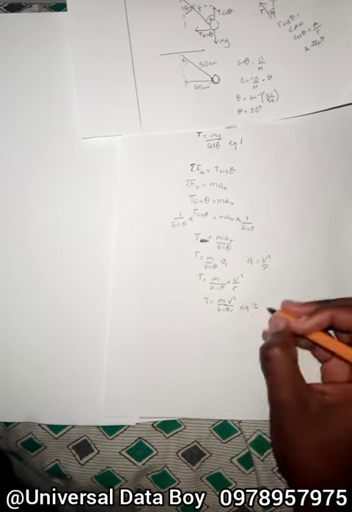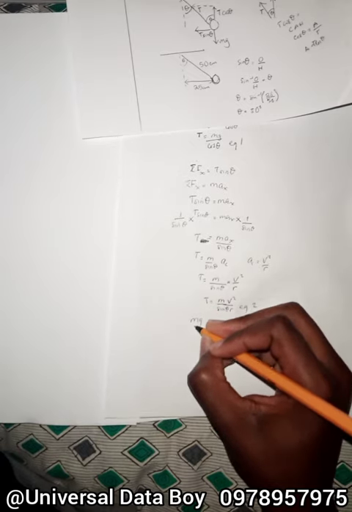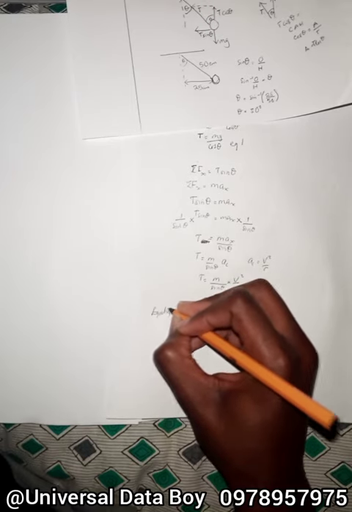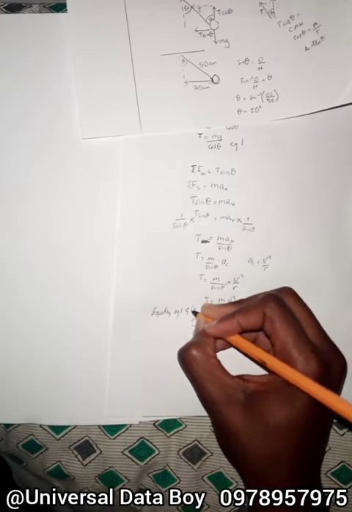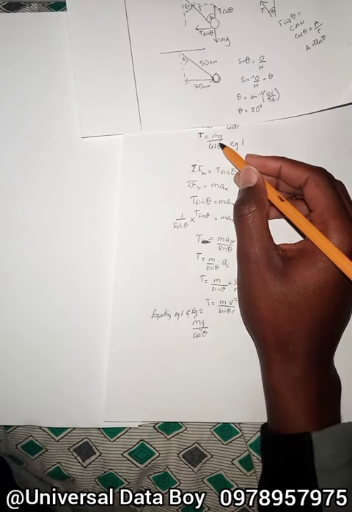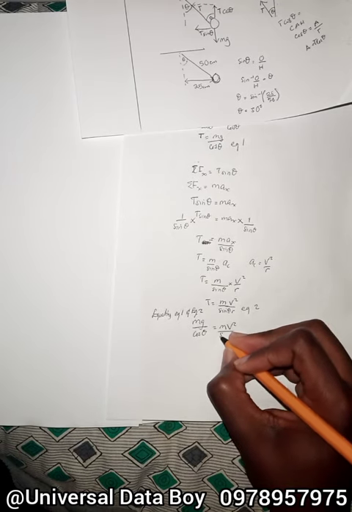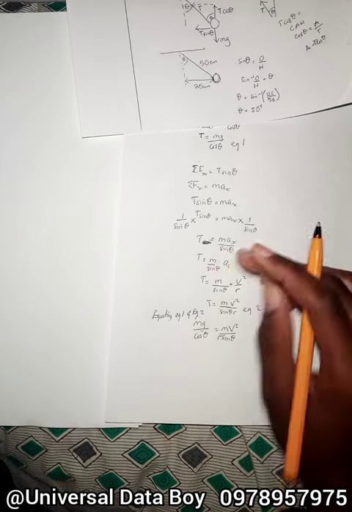So now you can equate our mg over cos theta. Okay, you can write this down: equating equation 1 and equation 2. So now mg over cos theta is equal to m v squared over sine theta r.